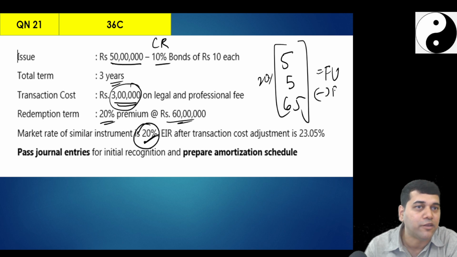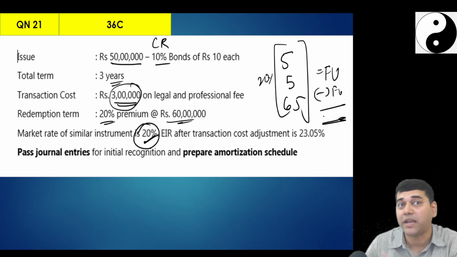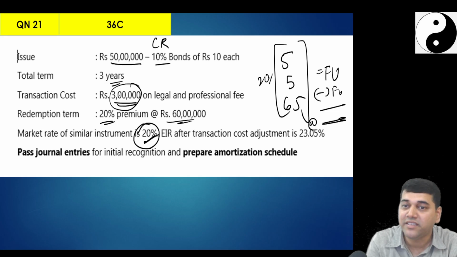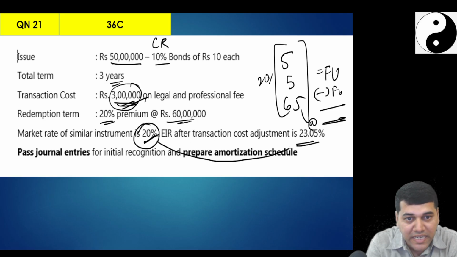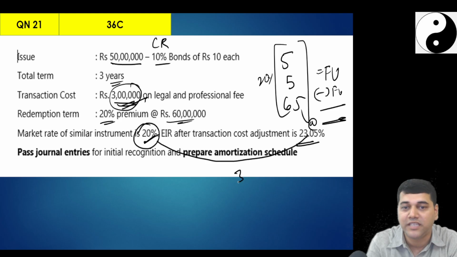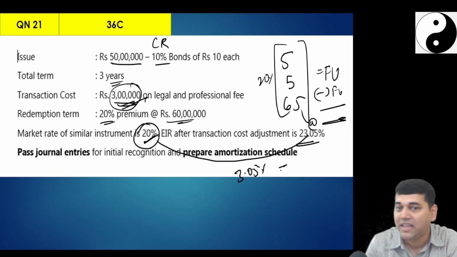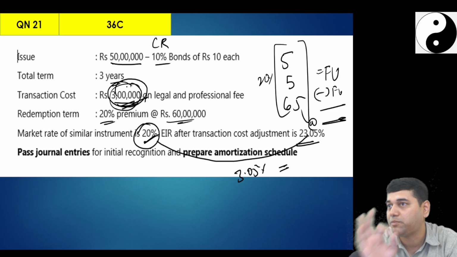Deduct it from the fair value. This becomes your starting point for your amortization schedule. At which rate will you amortize this? Generally, you will amortize at the rate at which you have discounted. But since you adjusted 3 lakhs, you will take 23 point.